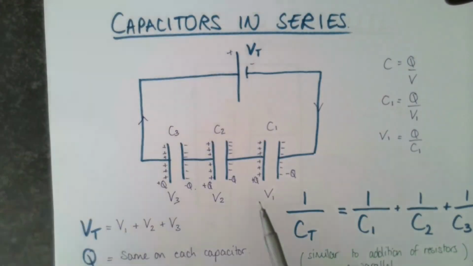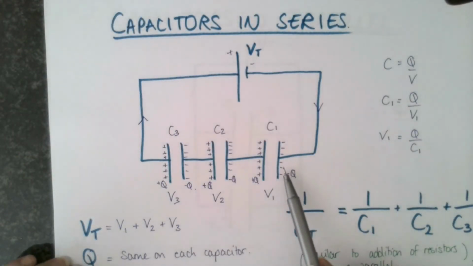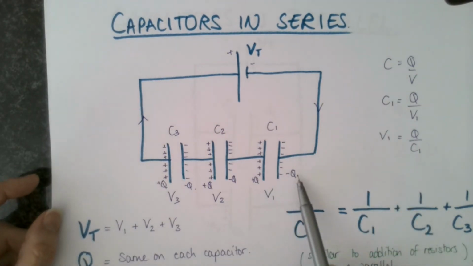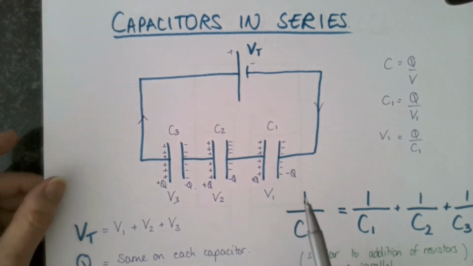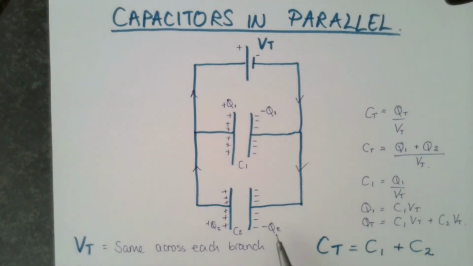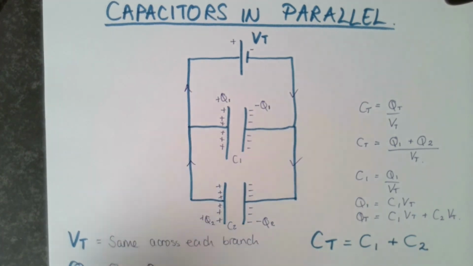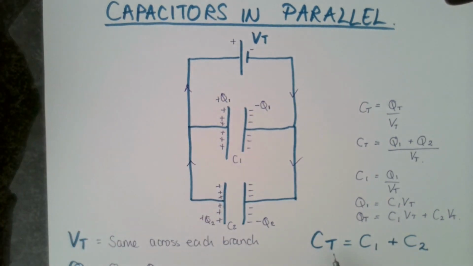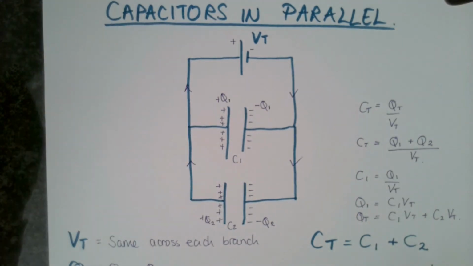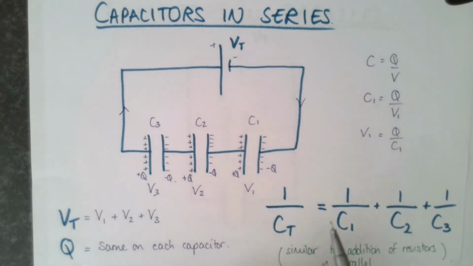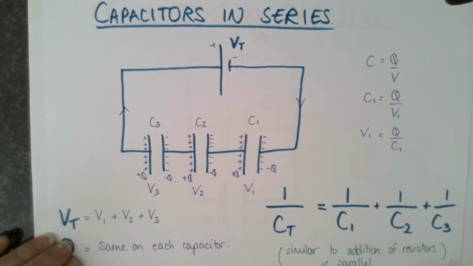And then the second thing is to make sure that you understand the difference in charging between series and parallel: the charge is the same on each capacitor in series, the potential difference is the same on each capacitor in parallel, and finally that the total capacitance in parallel is simply the sum of all the capacitances, and in series the inverse of the total capacitance is equal to the sum of the inverses of each of the individual capacitors.